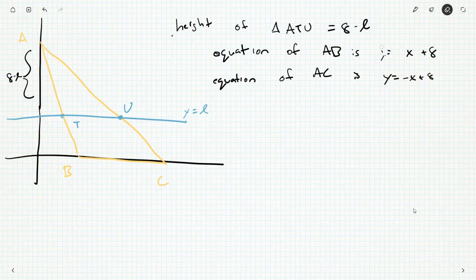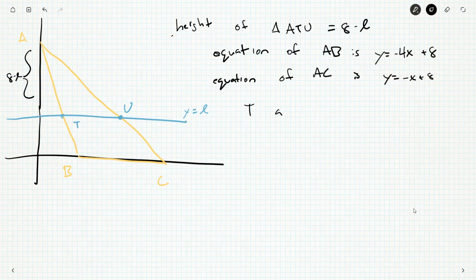You could do some rise over run if you really wanted to show them, but I think this is not the hard part of the calculation. So I would be fine if I were marking it if someone just told me it's going to be, I think, negative 4. So negative 4 times 2 is negative 8 plus 8. Yeah, okay, so we're all set there. So negative 4x plus 8.